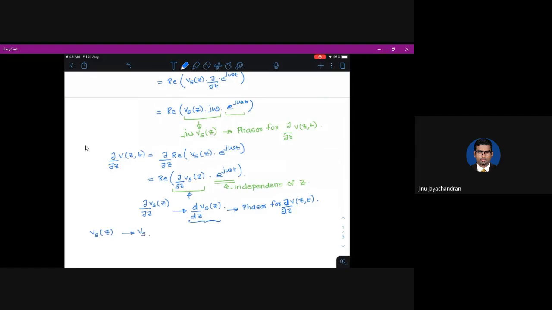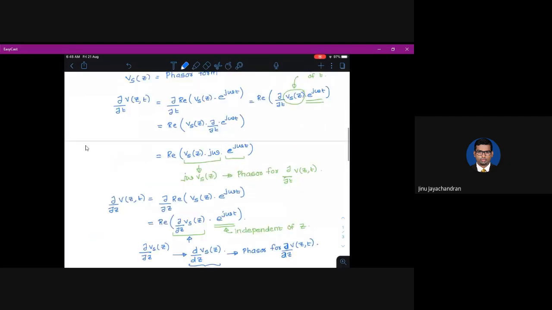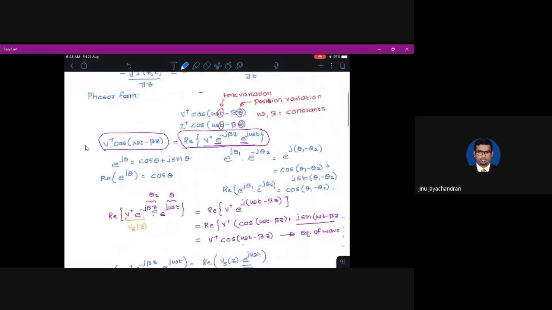Whenever you see Vs, it means that it has a dependency on Z. I can write Vs of Z, but for my convenience, I am going to put it as Vs in the equations. So you should understand that Vs means Vs of Z, and it has a dependency on Z. So let me go back to the equation.